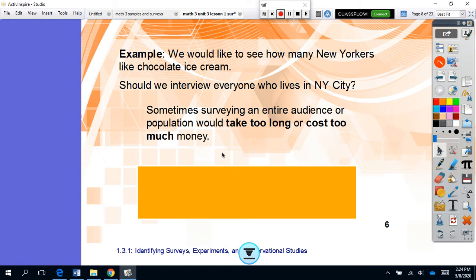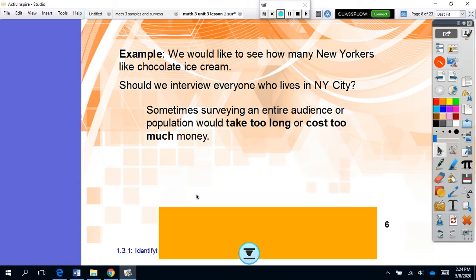The study where you interview everybody in a population is actually called a census, and this is a census year, so your parents probably did receive the information on how to fill in the census form. It just asks how many people live in your house, and they need to know that to help create the budgets for local government, school districts. Everything is based on that census data, and they do that every 10 years.